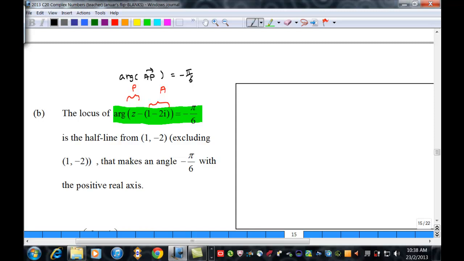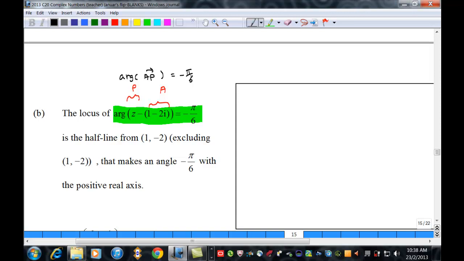In essence, we are measuring the angle that AP makes with the positive horizontal, and in this case it is negative pi over 6, which tells you that the argument measured must be in the clockwise direction, because that will give you the negative value.